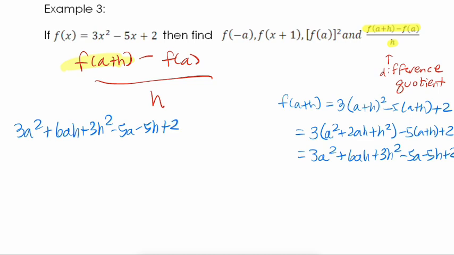Next, we are going to subtract. We're going to put in parentheses what f of a is. Now, f of a is not a difficult task. All we're going to do is take the a and place it where the x's are sitting, but put it in parentheses. So f of a is just going to be 3a squared minus 5a plus 2, and then it all goes over h.